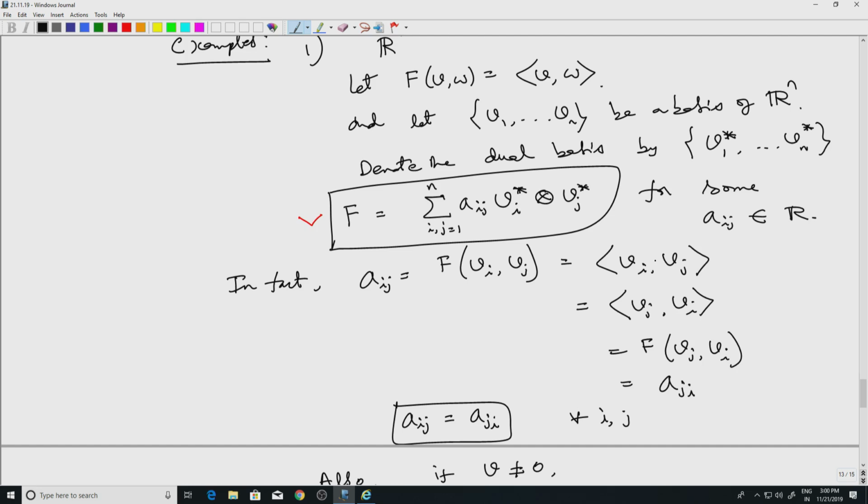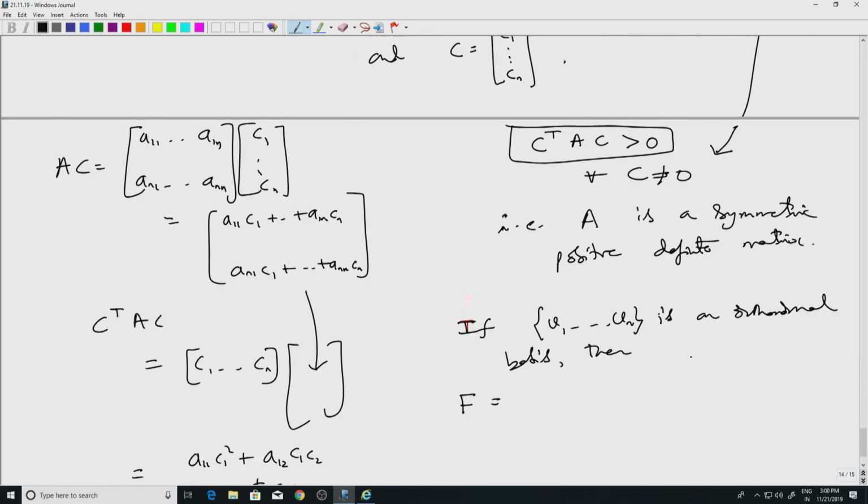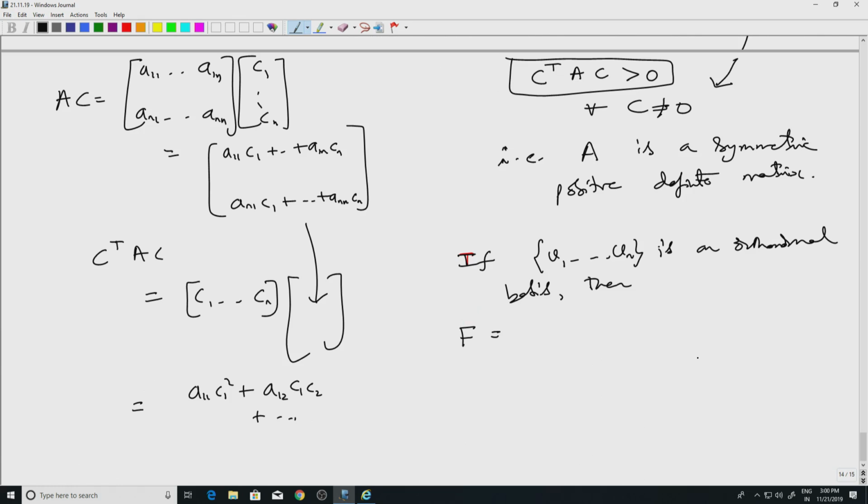If i equals j, the inner product would be 1. So one would just end up with V1 star tensor V1 star plus Vn star tensor Vn star.